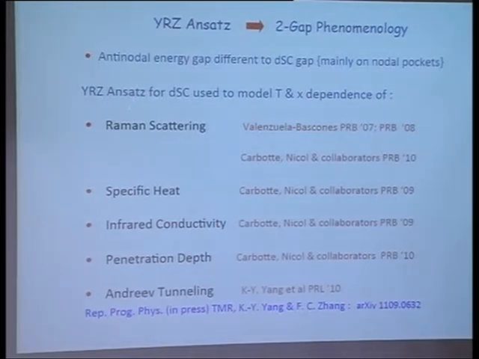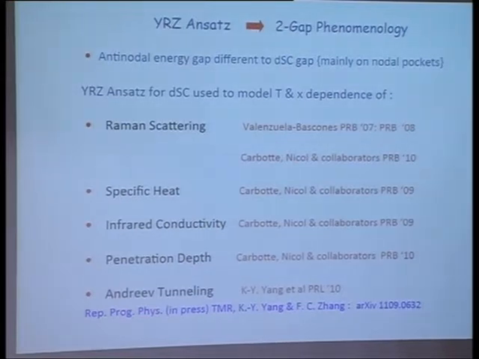Now there are many more experiments that one can analyze when one has a simple form like this, and particularly Jules Carbotte and Elizabeth Nicol up in Canada have been busy doing this for a whole series of experiments: Raman scattering, specific heat, infrared conductivity, penetration depth, but I won't go through them here. We recently prepared a review on this. It's on the net and should come out soon in Reports on Progress in Physics, and you can follow up on that if you're interested in this review.